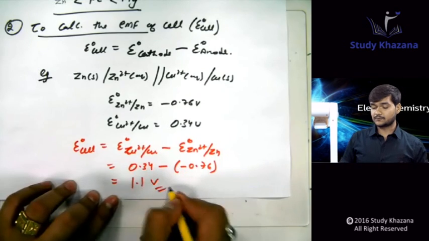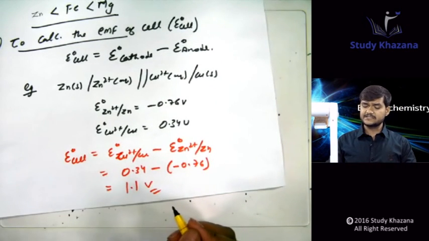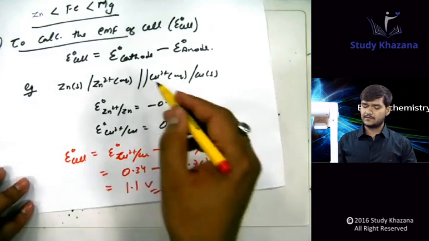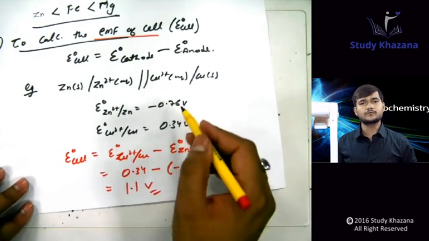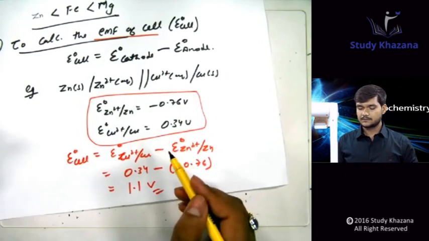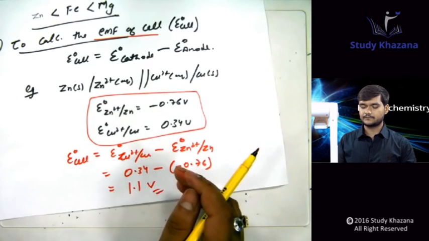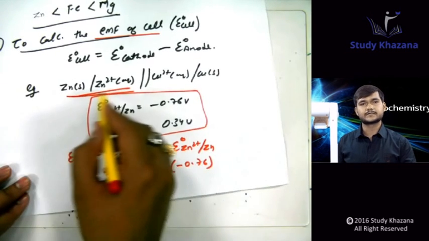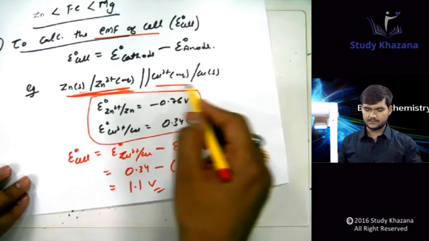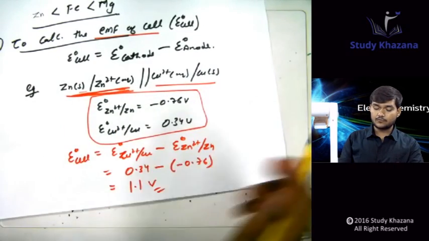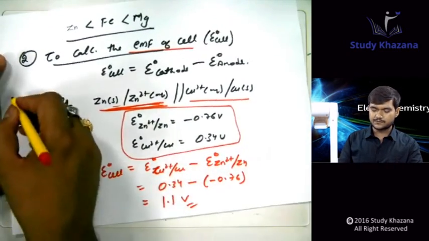So this is how you can calculate the EMF of a cell when the reduction potentials are given to you. From this we know which is anode and which is cathode, the ABC rule.